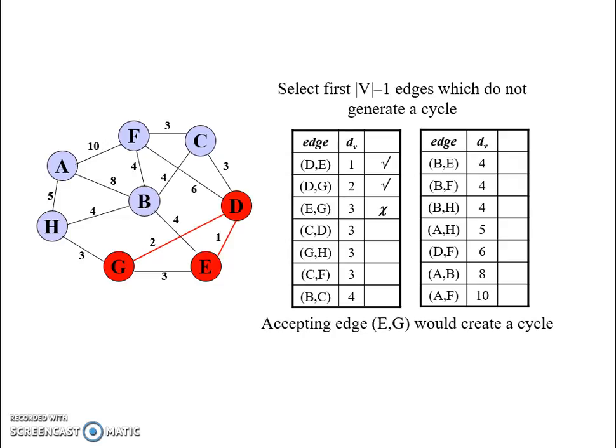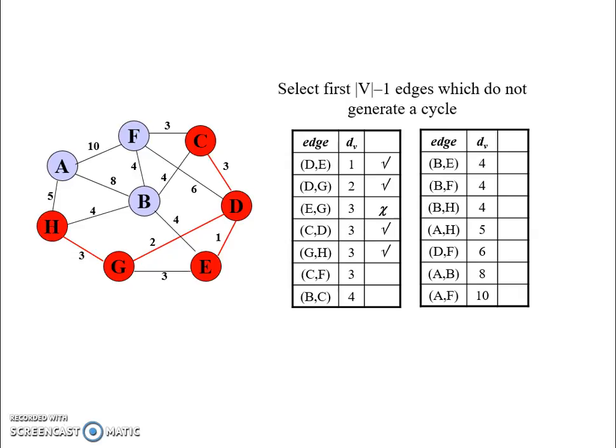But if I include this edge, it will form a cycle in the graph. So I am just neglecting the edge EG. Next I am selecting the edge CD, which is included in the minimum spanning tree as it creates no cycle. Next I am selecting GH.